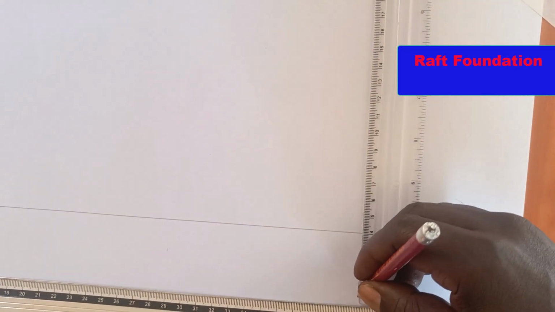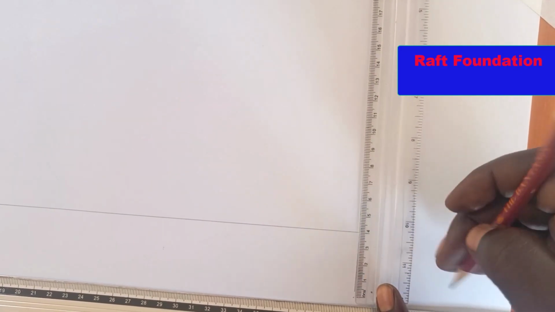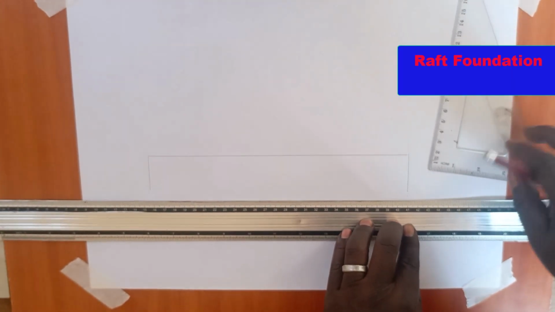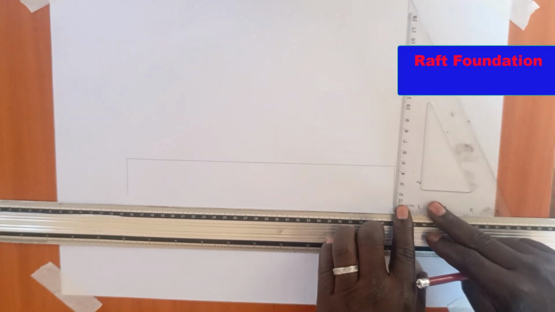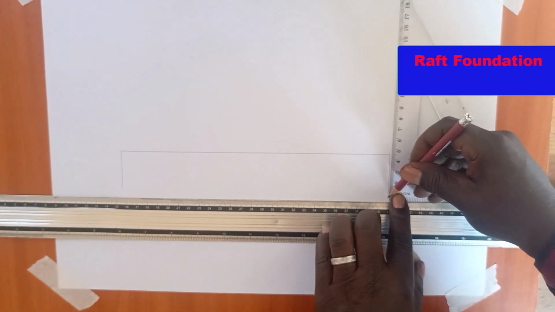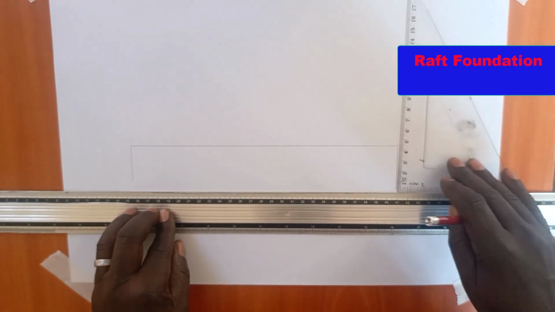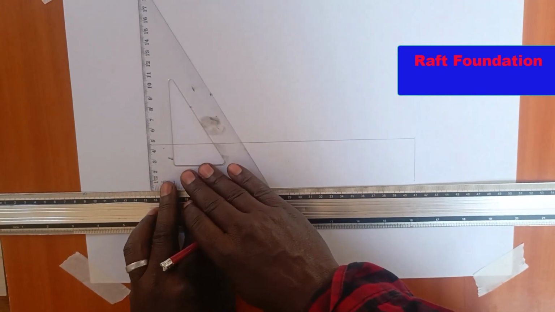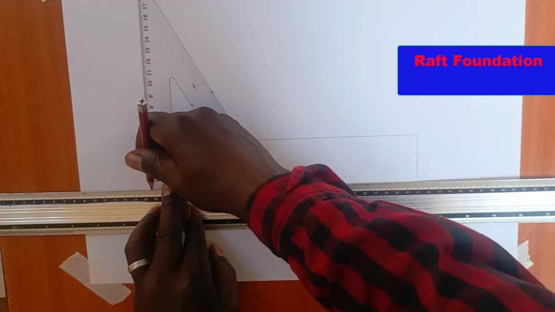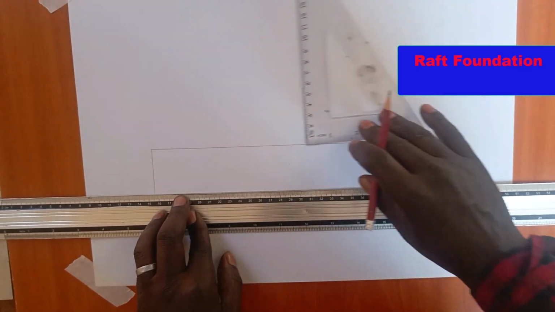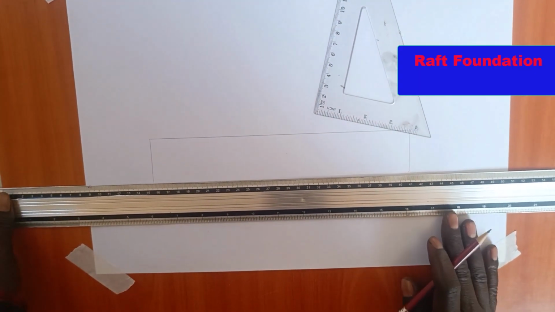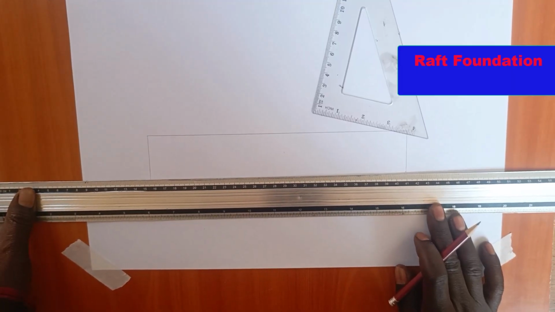Here is 400 millimeter. So I mark there. It means our line was slightly short, so I can extend this to be at 400 millimeter. Then I extend this also to be at 400 millimeter. Good. So that is good.